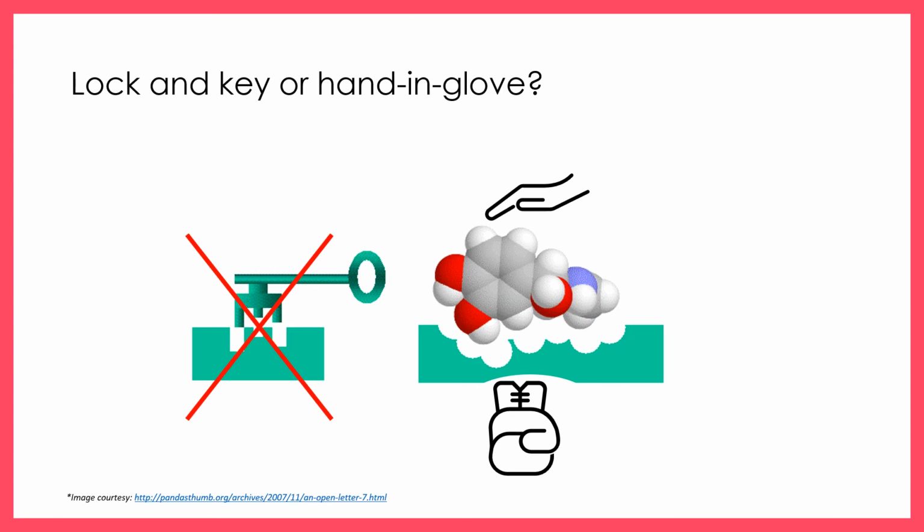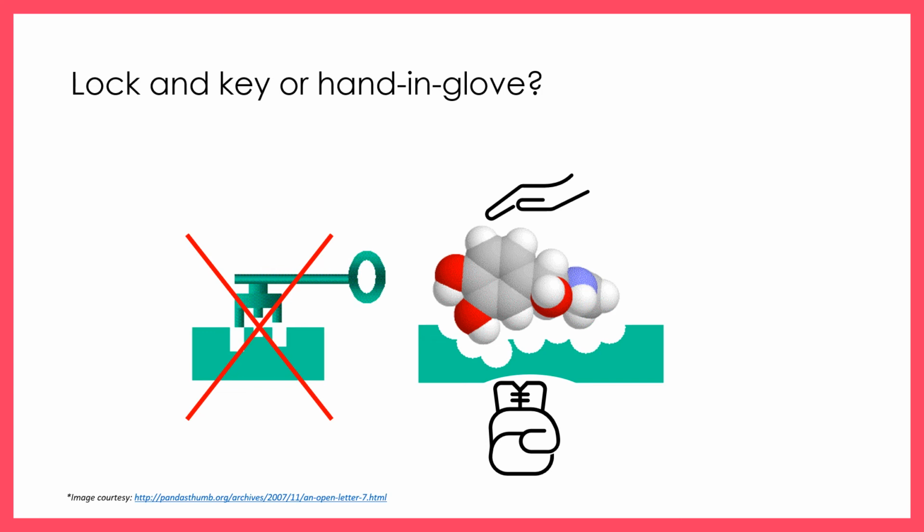Let's recap the key principle of protein-drug interaction, so-called lock and key model, according to which the drug molecule fits into a space of the protein like a key fitting into a lock. It turns out that this is not an accurate analogy at all, because both protein and drug molecules are highly flexible.